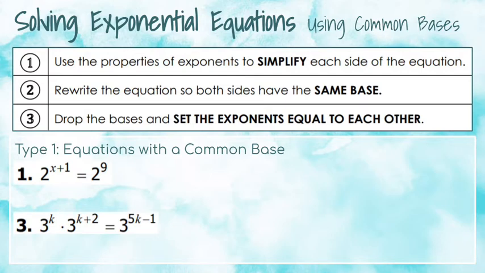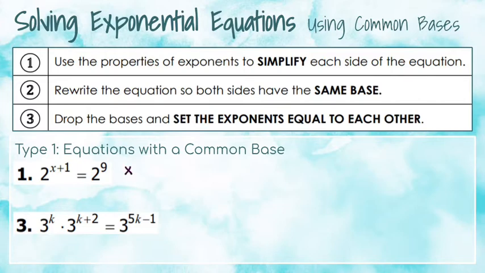So then step 3 tells us to drop the bases and set the exponents equal to each other. So what I want you to think about is that if 2 to this power equals 2 to this power, then shouldn't the powers equal each other? And so those exponents, we are going to just forget about the bases because the bases are the same.